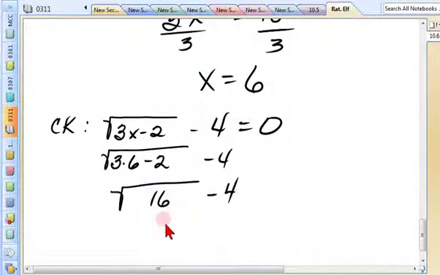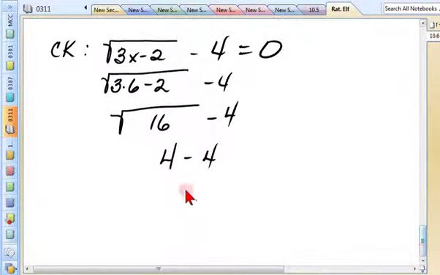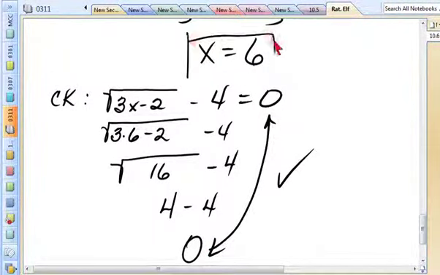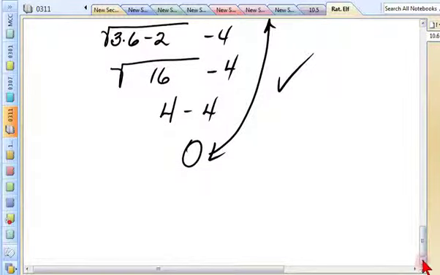The square root of 16 is 4, and 4 minus 4 is 0. And it checks. So 6 is my answer. We okay? All right, let's look at number 5.